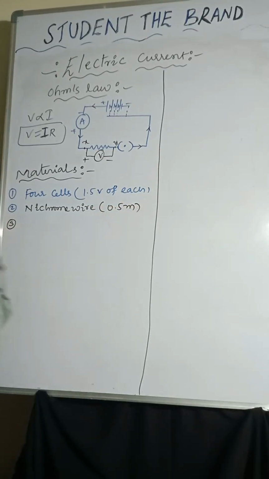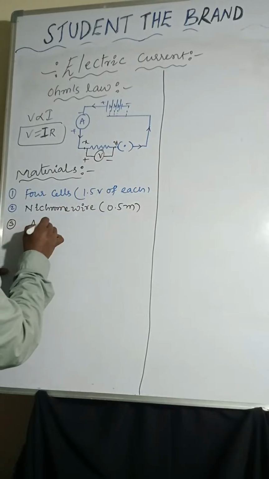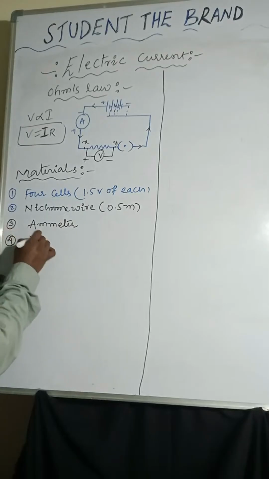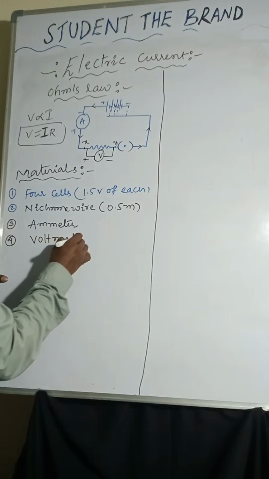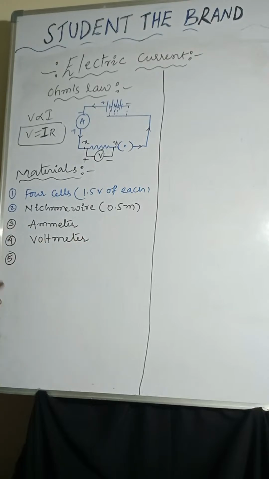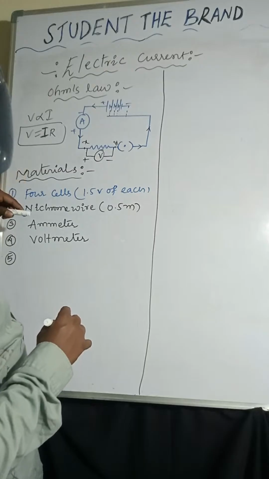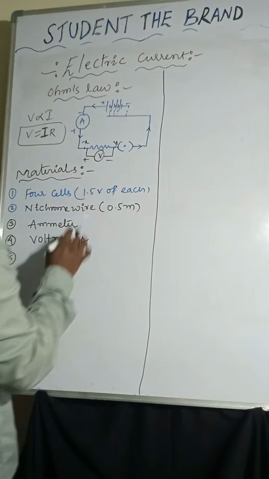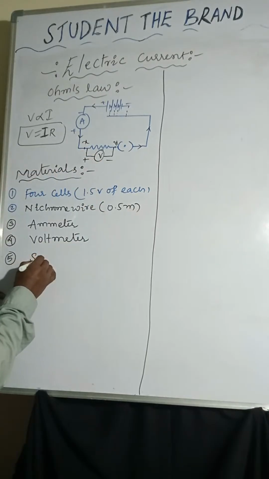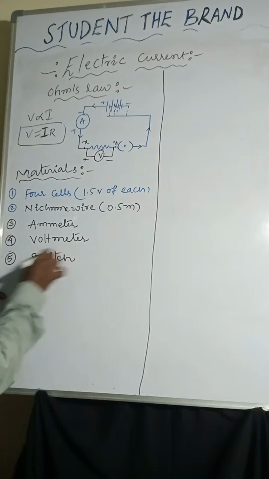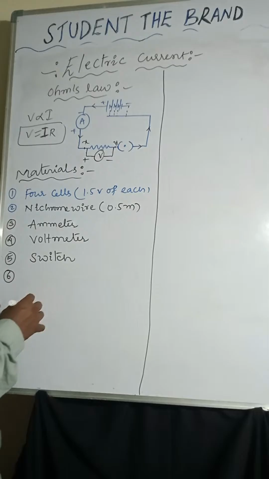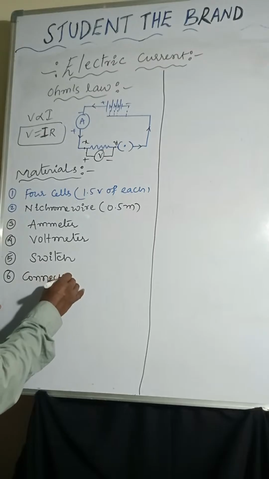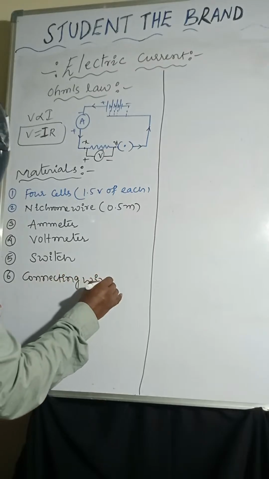Third one, ammeter, and fourth one, voltmeter, and fifth one, switch. And the sixth one is connecting wires.